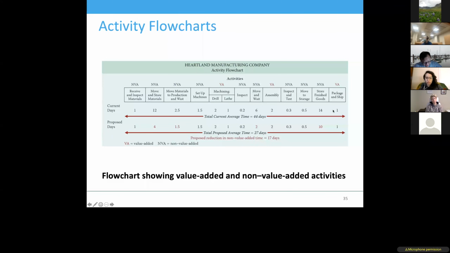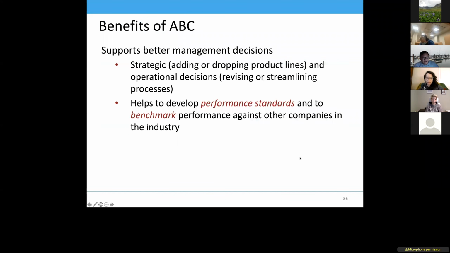So here in 44 days, suppose you make one product, but once you cut 17 days, in 88 days you make two. After the proposed situation, you can make three. So right away, your productivity increased.